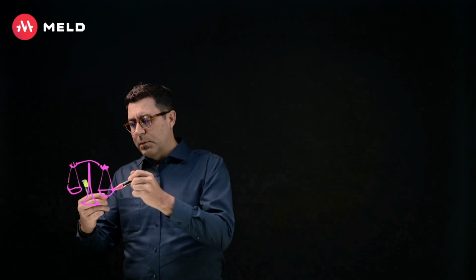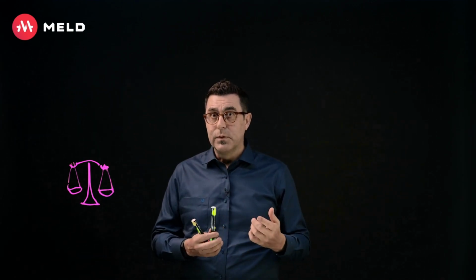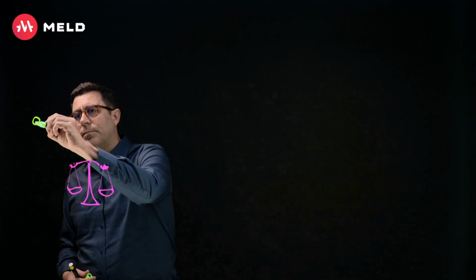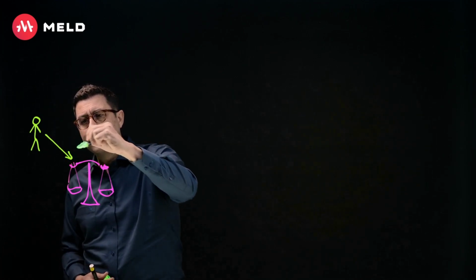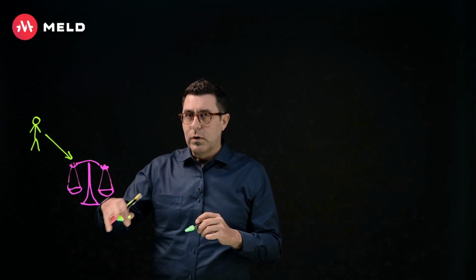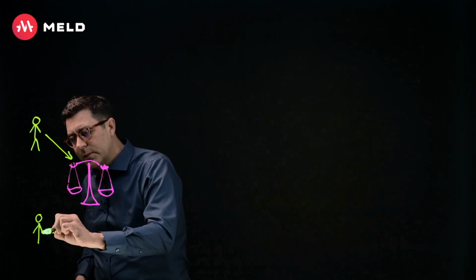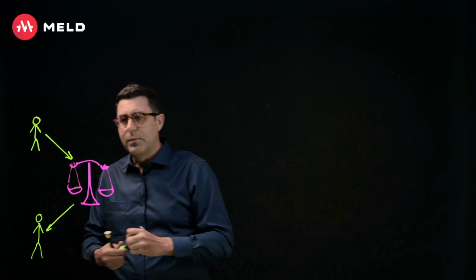So here we have our supplying and borrowing protocol, and there are three different types of users that participate. First, you have a supplier. This is a person that supplies an asset to the protocol. And then you have a borrower. This is a person that is borrowing an asset from the protocol.